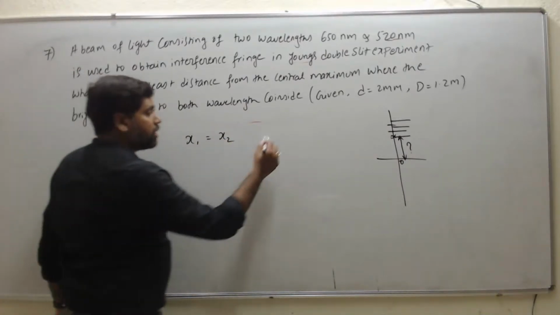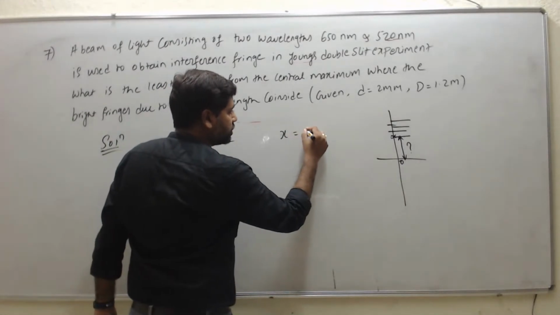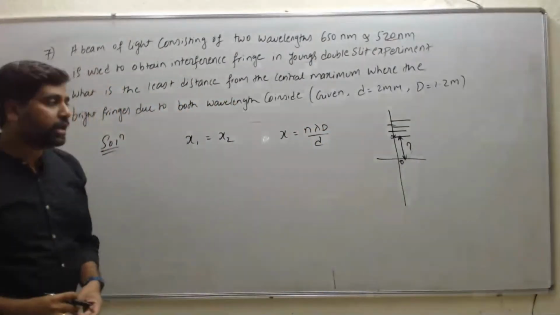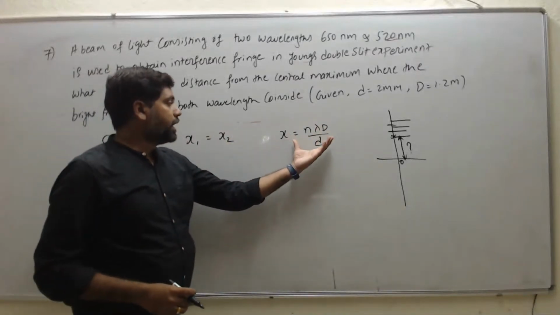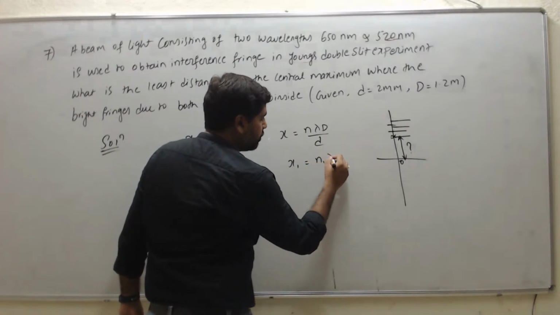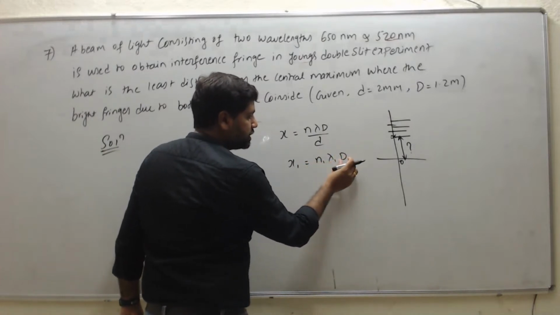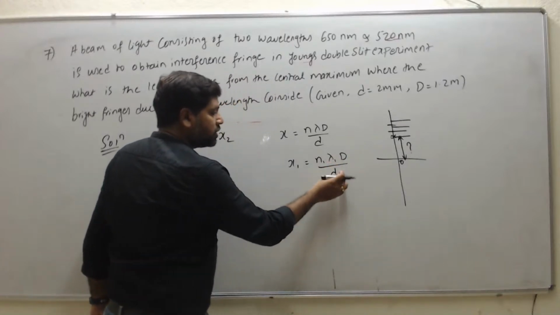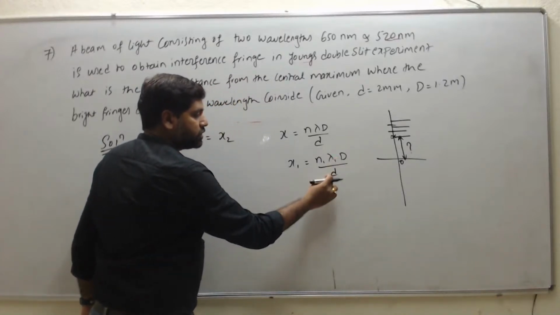So if we write the formula for the bright fringe, x is equal to n lambda D divided by small d. We have two wavelengths, so for x1 it becomes n1 lambda 1, the distance between the screen and the slit is the same and the distance between the slits is the same, hence these two are constant.